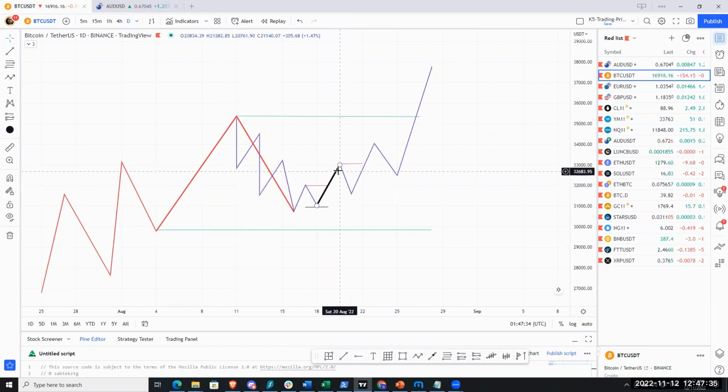And in this external structure leg, we try to identify those areas where we can see the liquidity, fair value gap, or the order block, what we call the point of interest. Once we identify those points of interest, that will be our area of interest, and we will look for a 1 to 3 reversal at this stage for the market to reverse. This is in very simplistic terms how I can explain the market reversal and the market retracement.